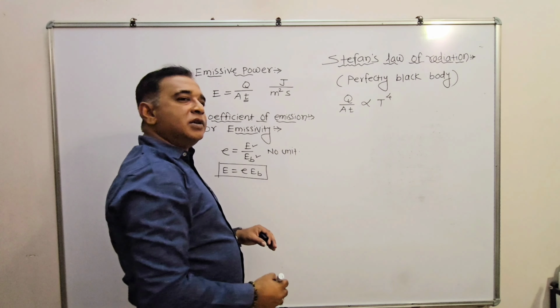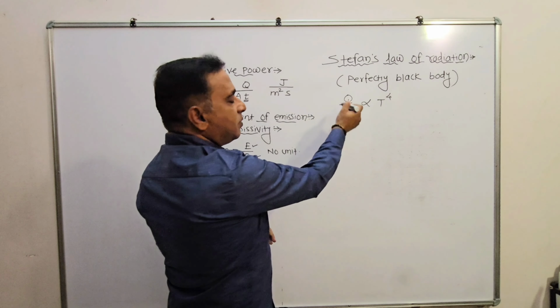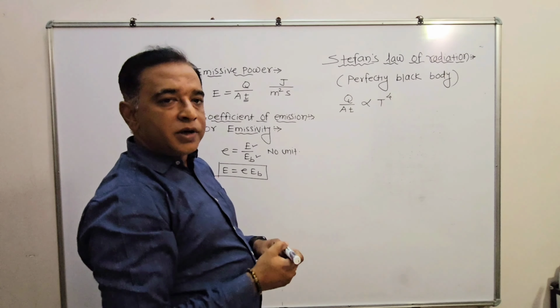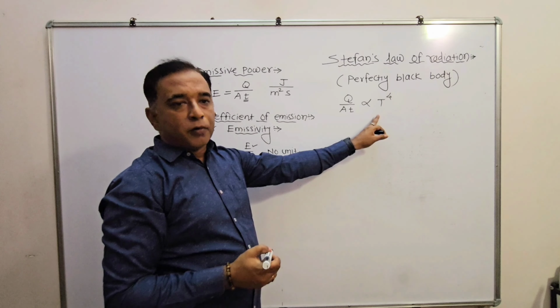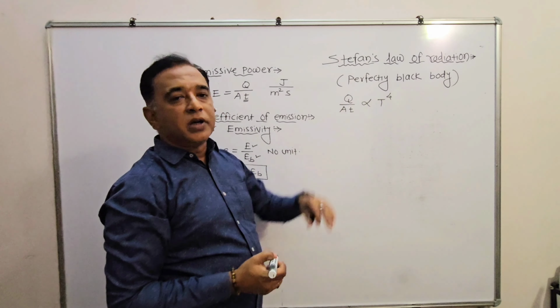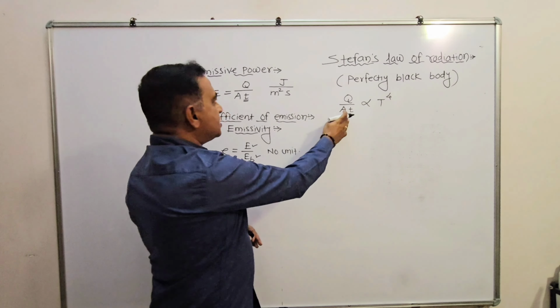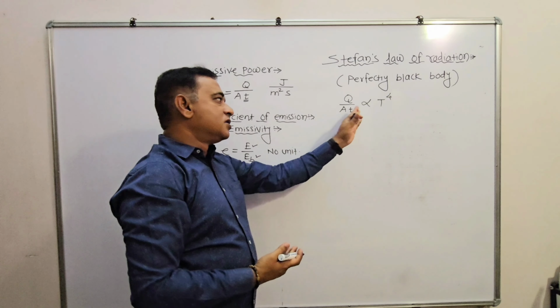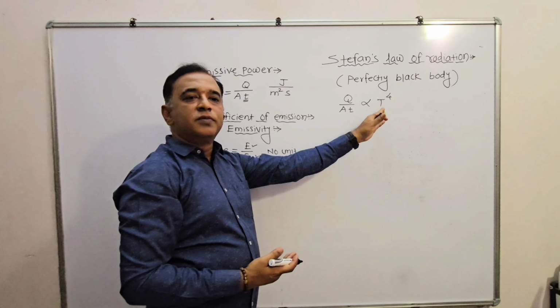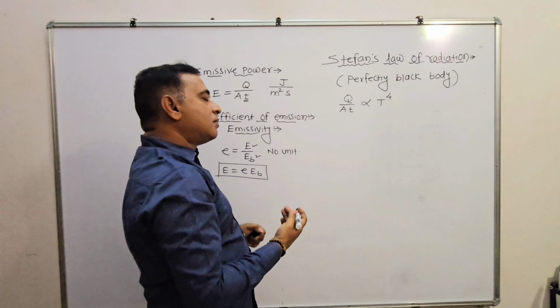This statement has been given by Stefan. So this is nothing but your emissive power. Obviously, we can say that emissive power is directly proportional to the fourth power of absolute temperature.